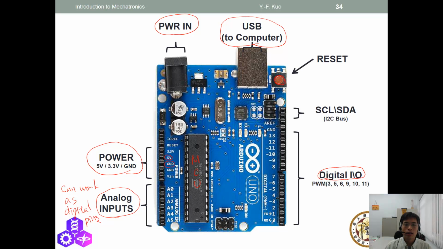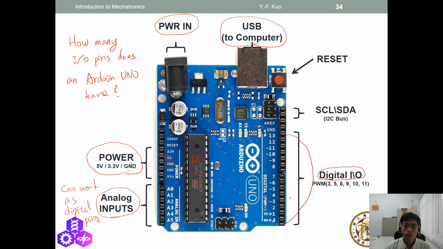So let me ask you a question. How many I/O pins does an Arduino Uno have? Okay, we can see that we have 0, 1, 2, 3, 4, 5, 6, 7, 8, 9, 10, 11, 12, 13.